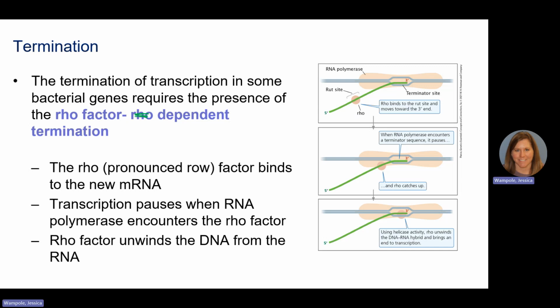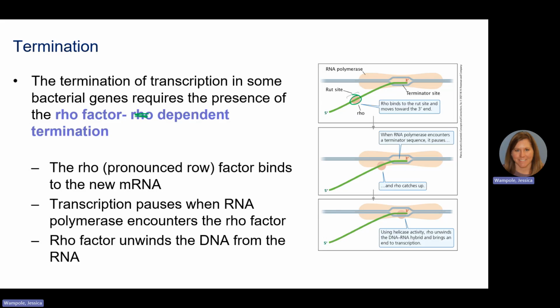All right, so in rho factor dependent termination, there is a small molecule called the rho factor. And basically what happens is once the RNA polymerase encounters the termination sequence and transcribes it, this little rho factor will bind to the termination site.